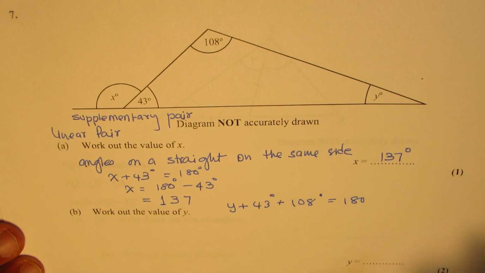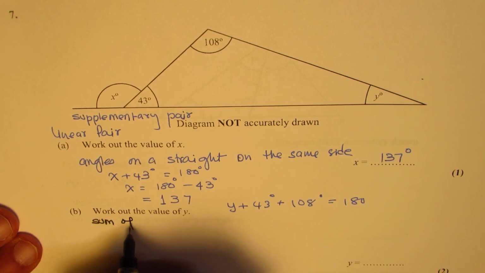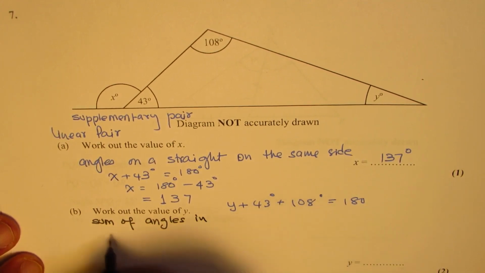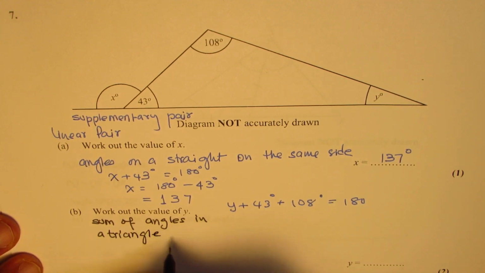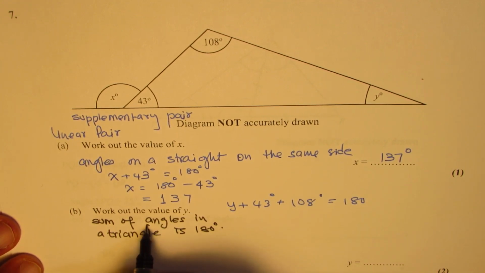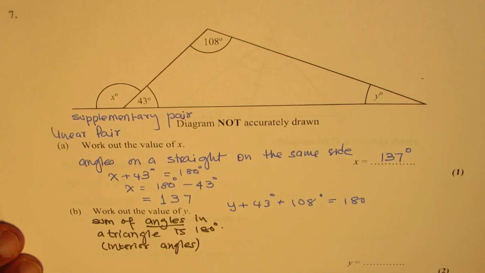That is because the sum of angles in a triangle is 180 degrees, right? So when I say angles, we mean interior angles. So I hope that's absolutely clear, right? So that is what it is.